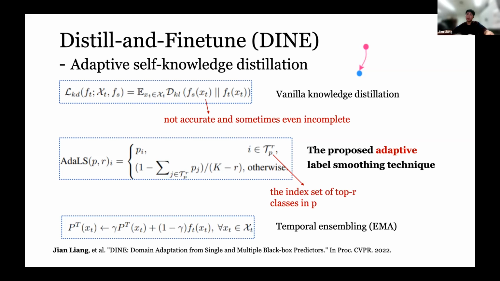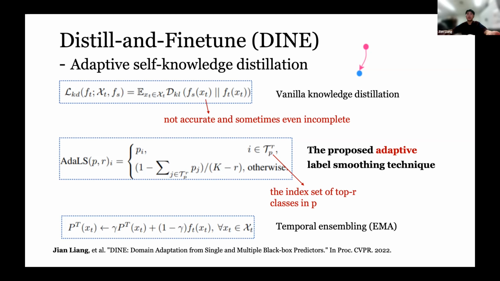Using this signal, we can obtain the knowledge distillation loss here. In addition, we also apply the temporal ensembling technique, which tries to ensemble the predictions from previous models and the current model to obtain a more reliable signal.